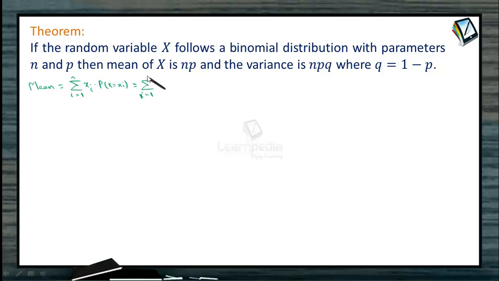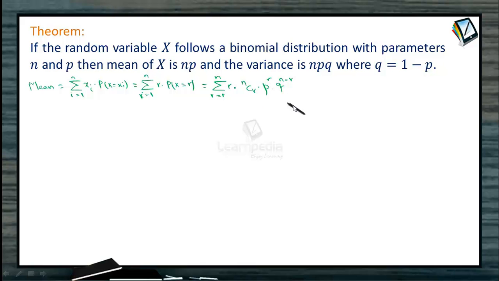Let us say r runs from 1 to n. The random variable is r and the corresponding probability is P of x equal to r. Just now we have seen how the binomial distribution's probability of x equal to r is defined. Yes, it is sigma r equal to 1 to n, random variable r into nCr into p to the power of r into q to the power of n minus r.